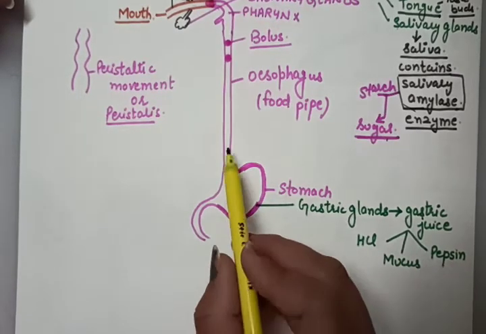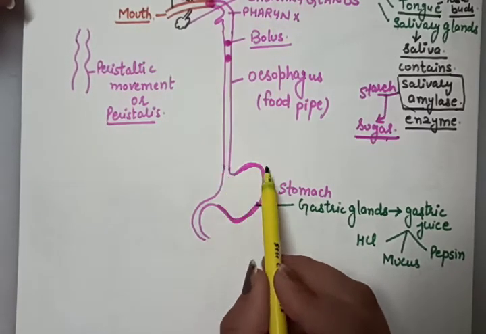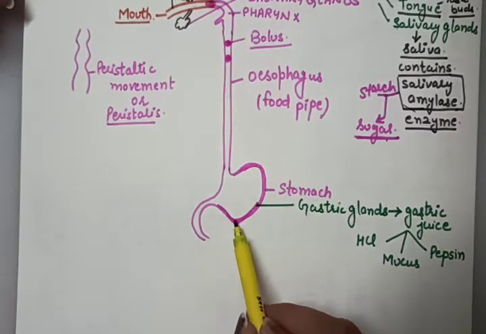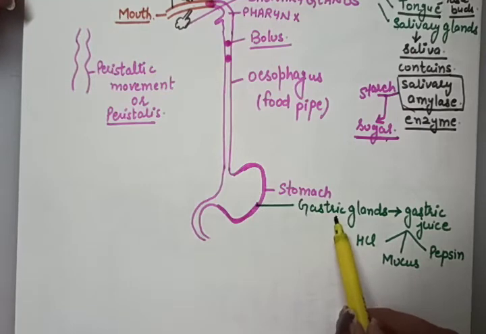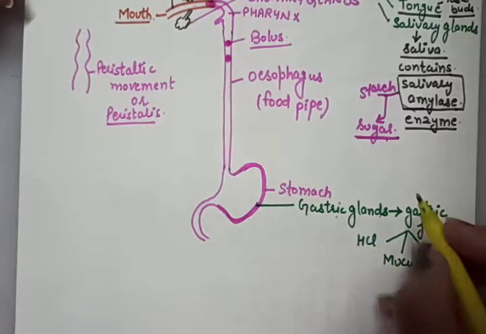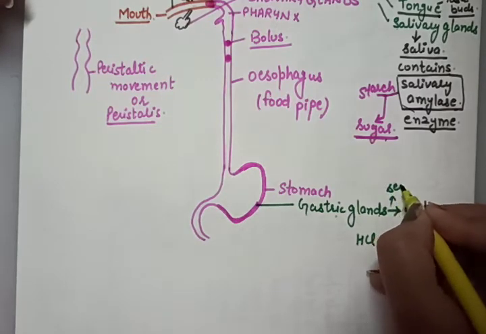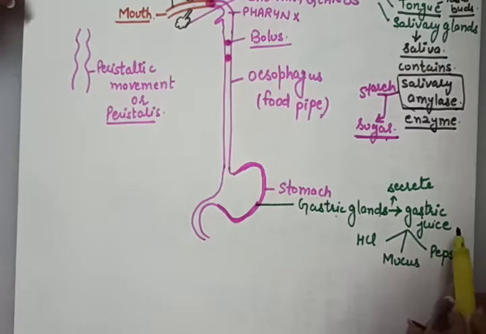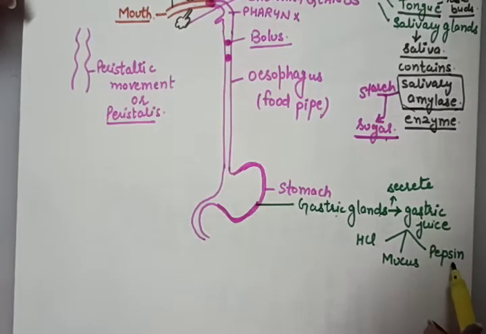Okay, now your food enters into the stomach and its lining is lined by the glands that are called gastric glands. These gastric glands secrete gastric juice, and that gastric juice has HCl, mucus and pepsin.